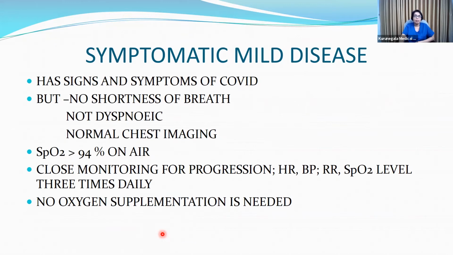So in this case, the patient does not need any supplementation of oxygen. What is needed is close monitoring for progression. So monitor the patient's heart rate, blood pressure, respiratory rate, and saturation level, and this should be done 3 times daily. They might recover fully or might develop moderate disease.